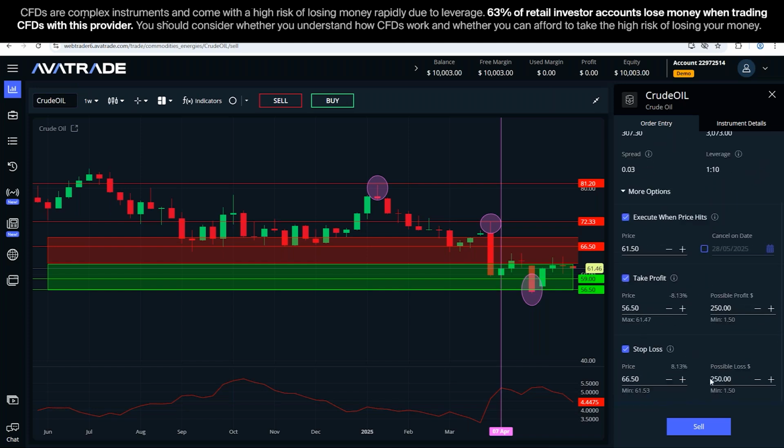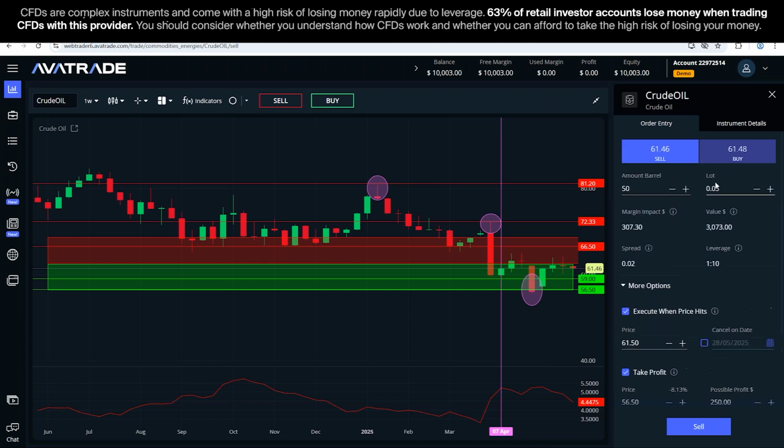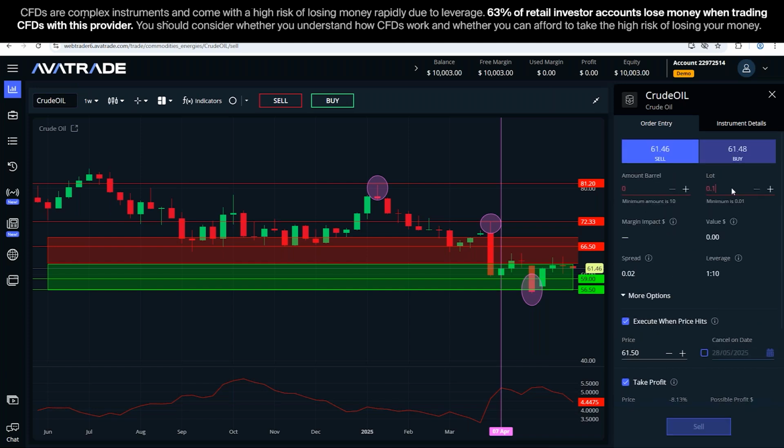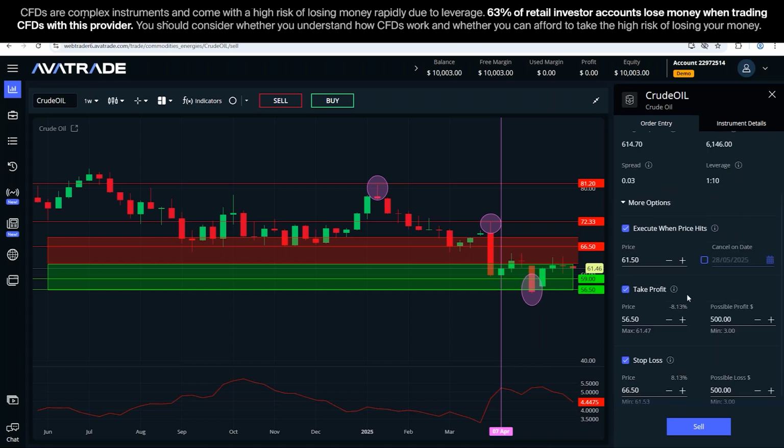Now we're making less. It's true, we are exposed much less, but we're also making less profit, which is not the point in here. So if I would like to maintain this 500, what I can do is get the stop loss closer to my entry, and with my profit closer to the entry, we can actually minimize the loss.